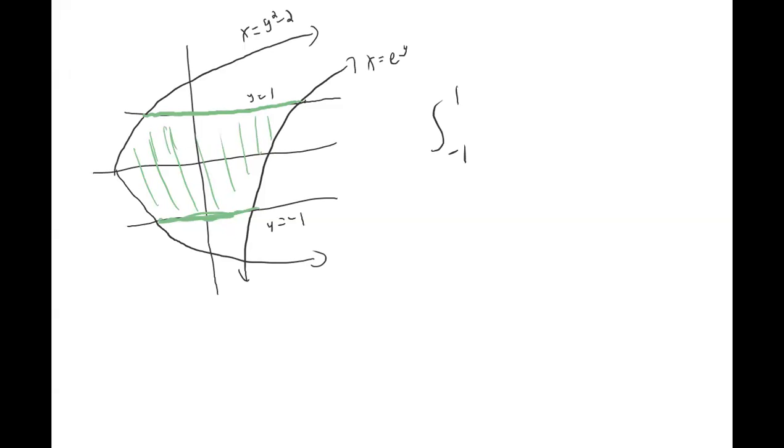Good. Now it's right minus left, right? So what is right minus left? What's the right function? You see, the right part is always this thing, right? So what is it?